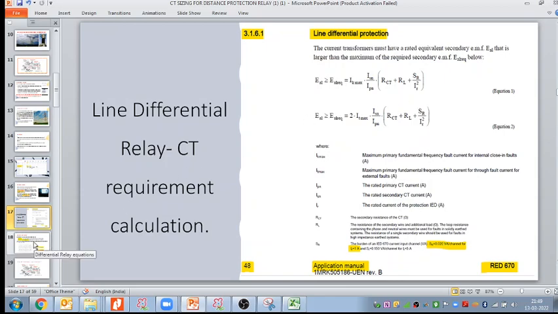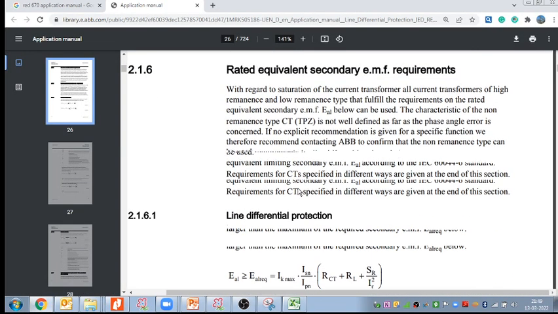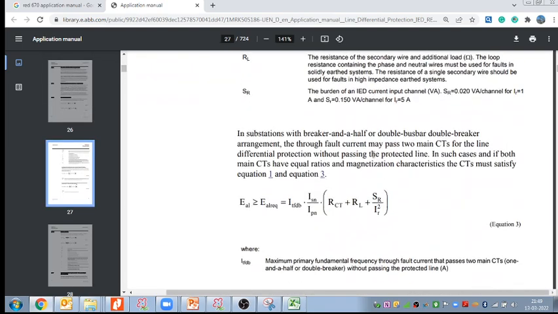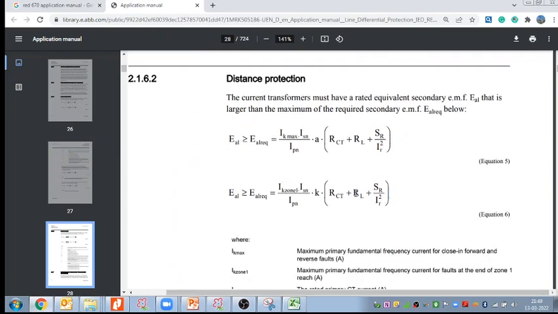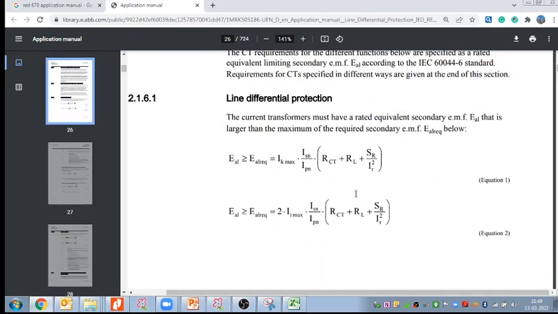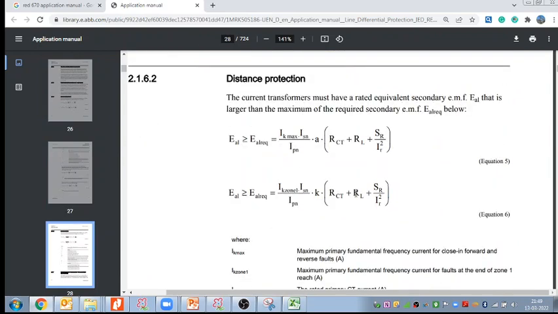So let us go first to this, and then we will go to the distance. First the CT sizing for the differential protection relay function, right? And after that we will go to the CT sizing for the distance relay function.